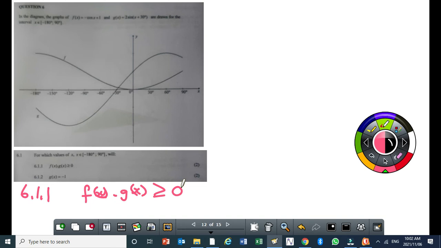What this means is, what values of x are such that if you multiply the y values for the cos graph times the y values for the sine graph, you get a product which is 0 or greater than 0.